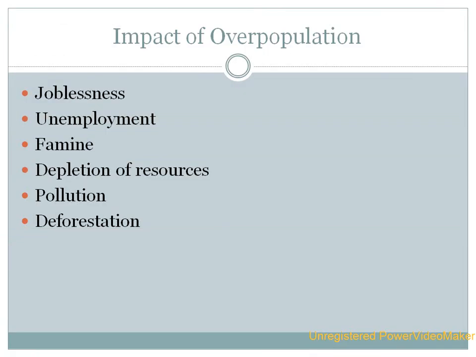In the previous slide, you learned about overpopulation and how it is putting an effect on the earth. Here are some of the factors which are creating problems because of overpopulation.